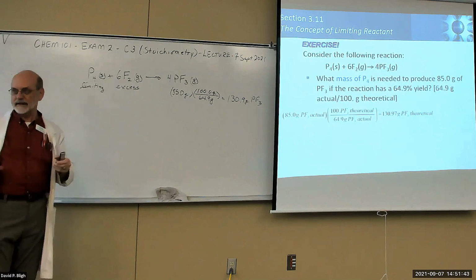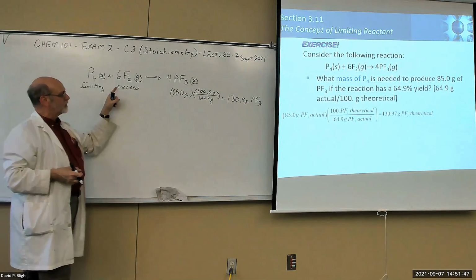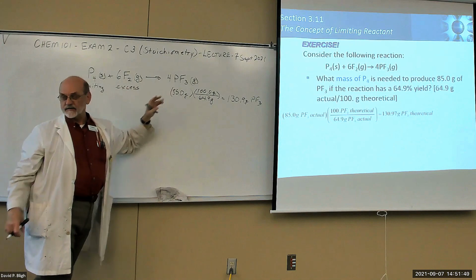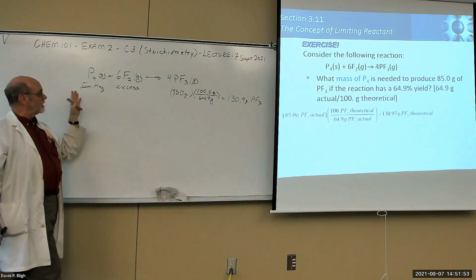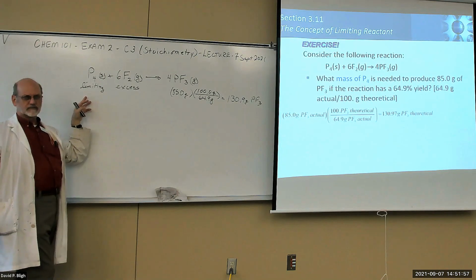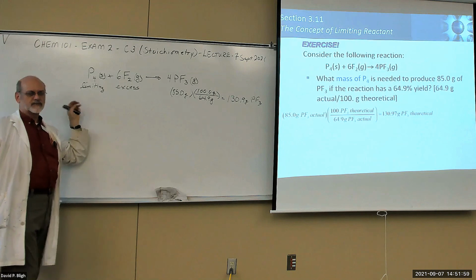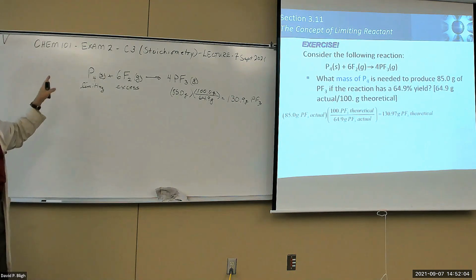They come in pairs like that. Actually, there's only one limit. If you have one or more other reactants, they're all excess. But you could theoretically figure this one runs out first, which one runs out second if you had more of this. So I'm chasing the rabbit down that hole. Let's get back on surface and finish this problem.